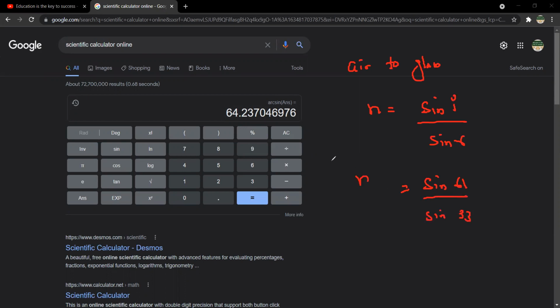Instead of solving both of them at the same time, you can first solve the numerator separately. So I put sine 61, which is 0.87, divided by sine 33, which is 0.54.